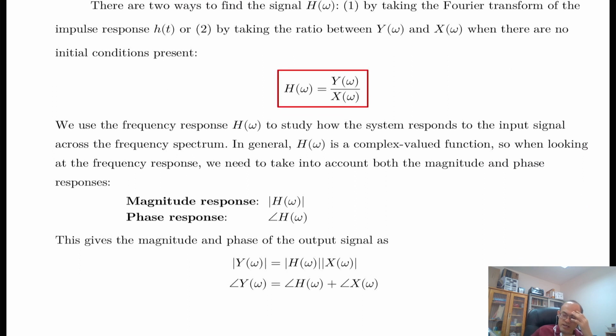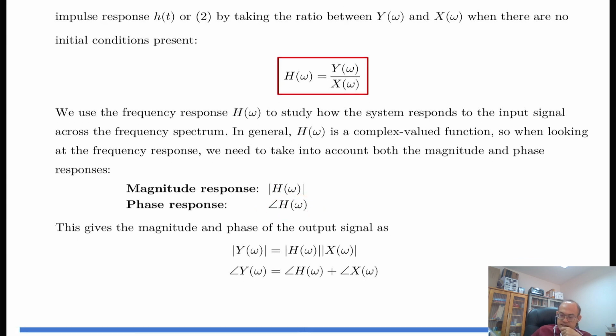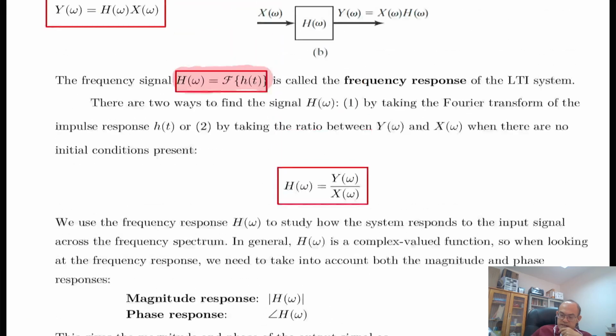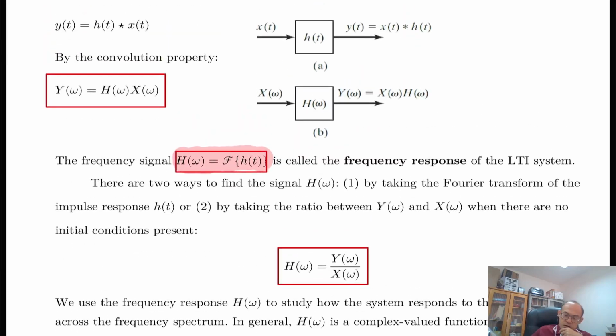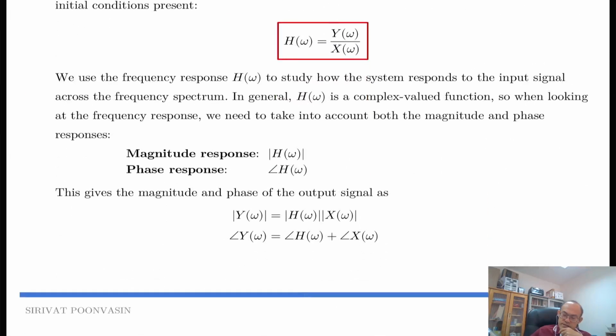Now, generally, H of omega will be a complex valued signal. So it is described by two functions. First, by the magnitude response. Second, by the phase response. If you take the magnitude of this signal, then you see that the magnitude of the output would be the magnitude response of the system multiplied by the magnitude of the spectrum of the input.